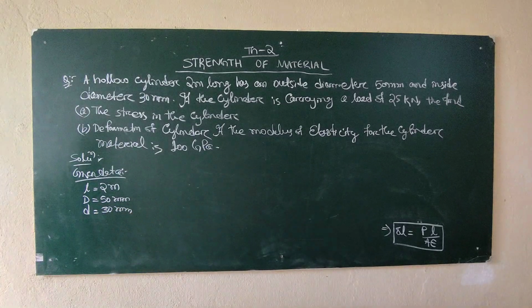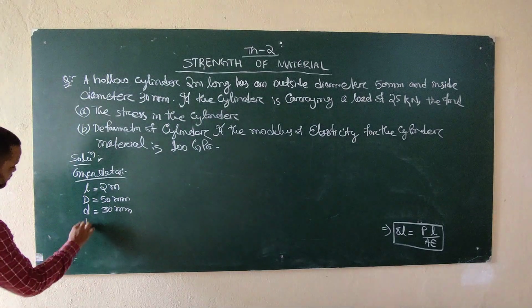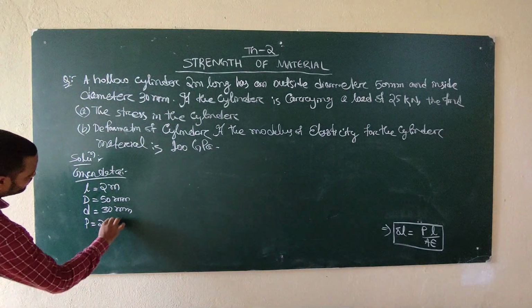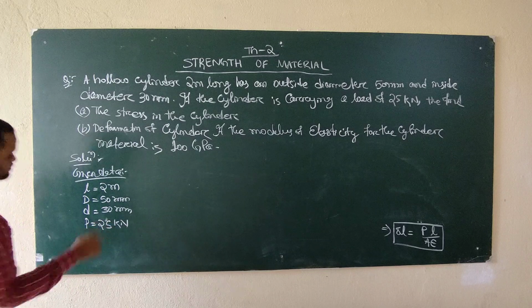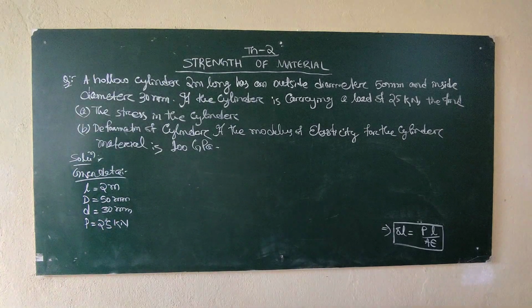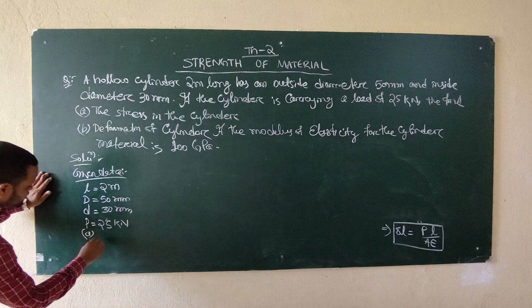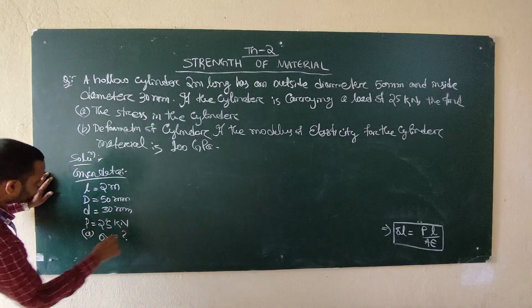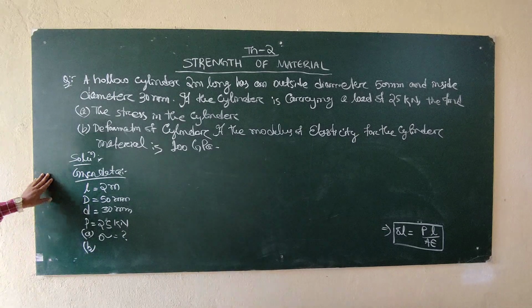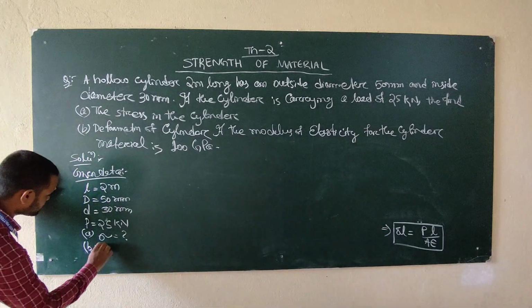Load of 25 kilonewton, that means P equal to 25 kilonewton. Find A, the stress, that means sigma, and B, the deformation of the cylinder, that means del L.